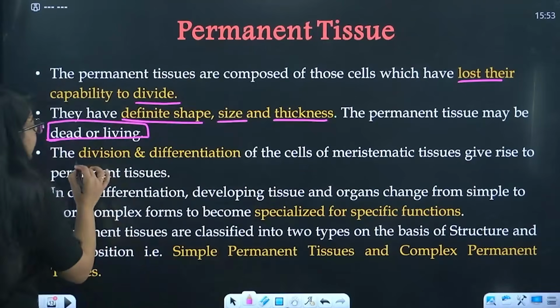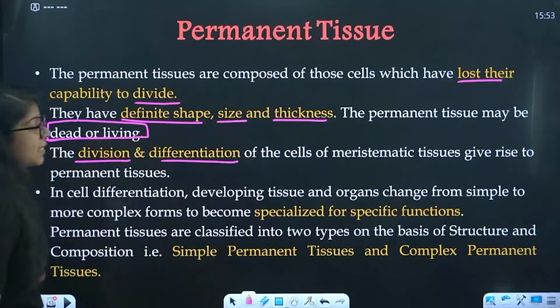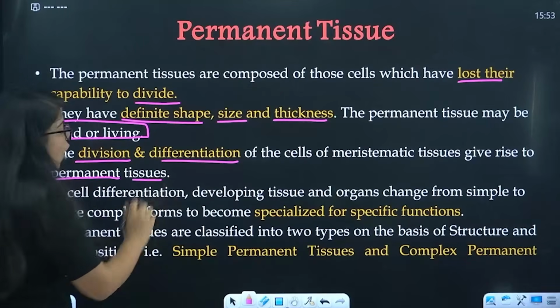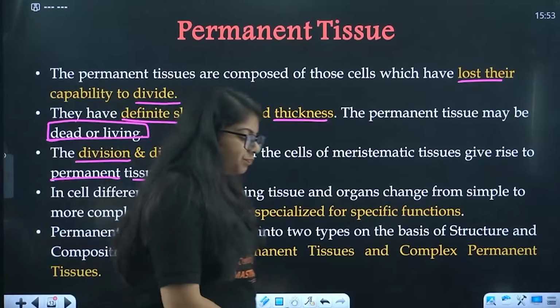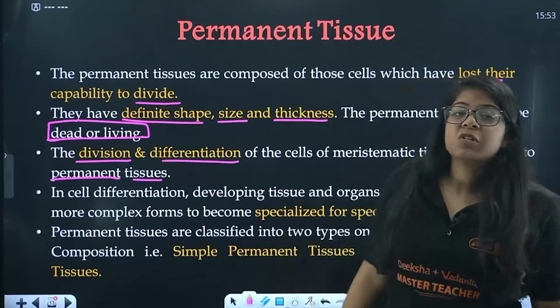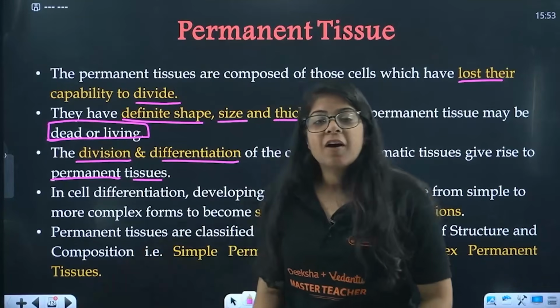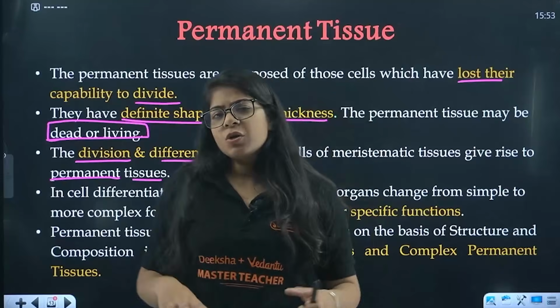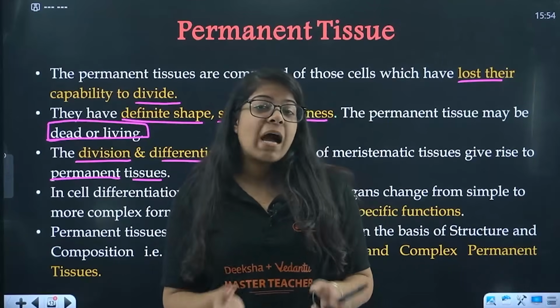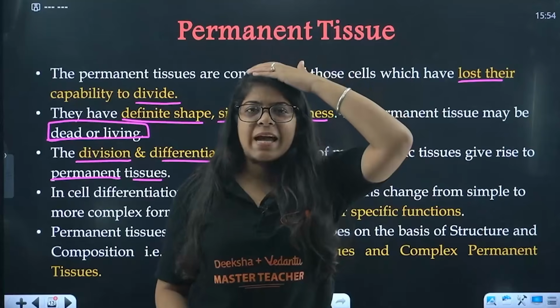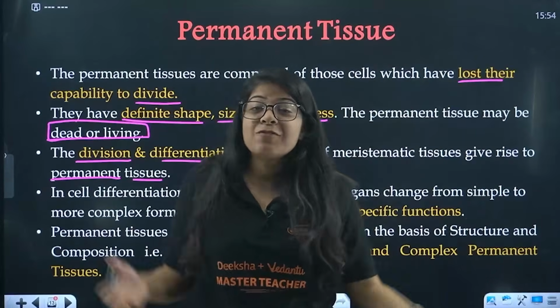The division and differentiation of the cells of meristematic tissues give rise to permanent tissues. What happens is that meristematic tissue divides and divides and divides, and after some time the growth stops, or the plant stops growing after some point. Now I have been this height since my class 10th, so I have stopped growing.